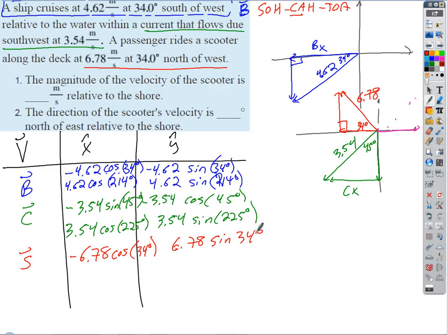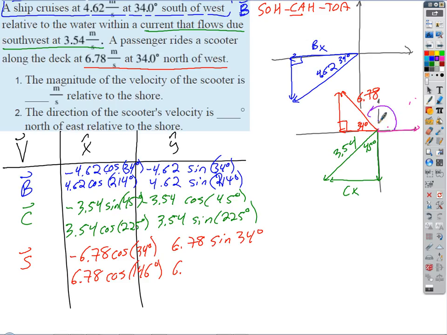sine 34. Or if I use the whole angle, I would just have positive 6.78. What's the angle going to be this time, if I do the whole angle? How am I going to find it? 180 minus 34. Good. So what is that? 146. Okay, good. So it's got to be cosine, because this time we're only going that far.